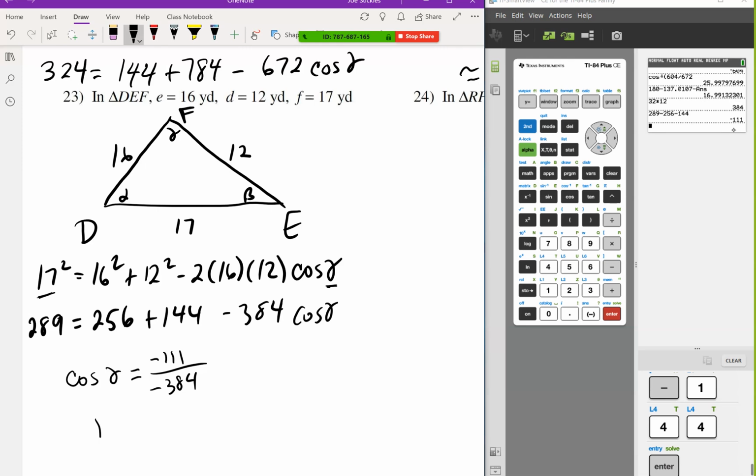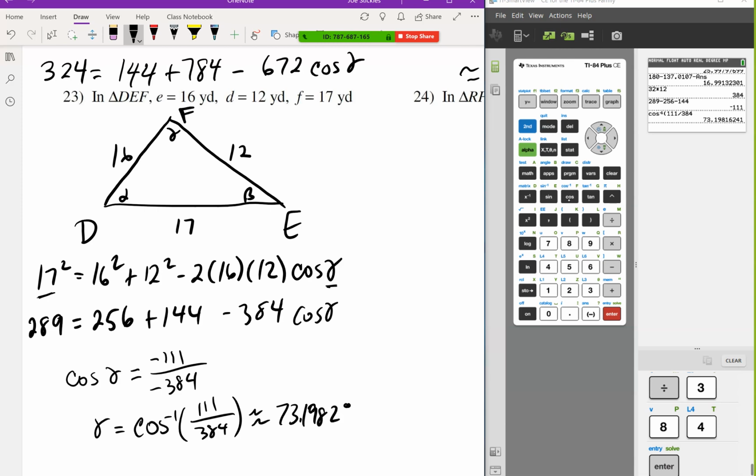So gamma will be the inverse cosine of 111 over 384. Oops, so 73.1982 degrees. So we got our gamma is 73.1982 in this case.